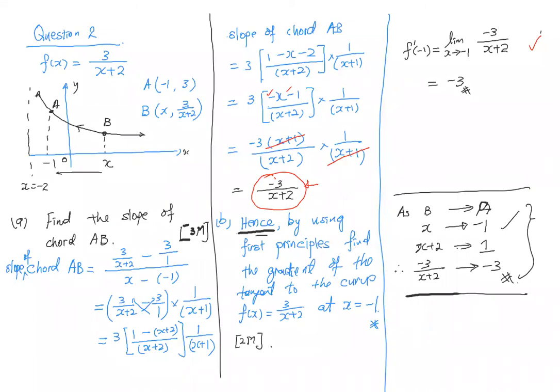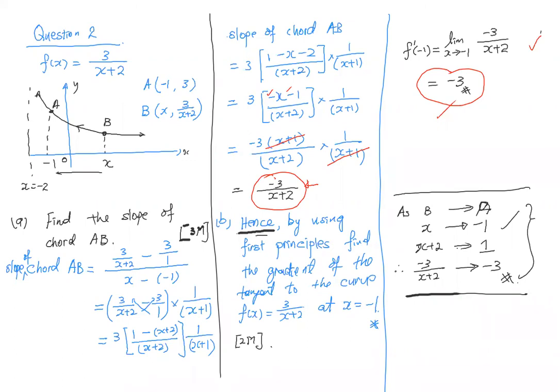Average rate of change from x equals to x to x equals to -1. Okay, since you are on your mark already, can you interpret this value? -3? -3, the gradient of tangent. Okay, gradient at x equals to -1. Thank you.